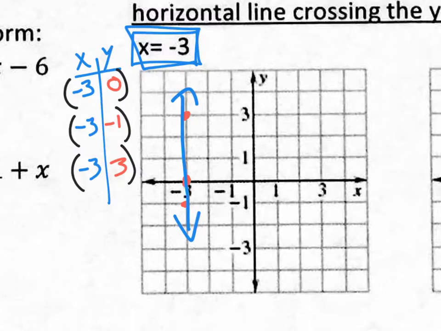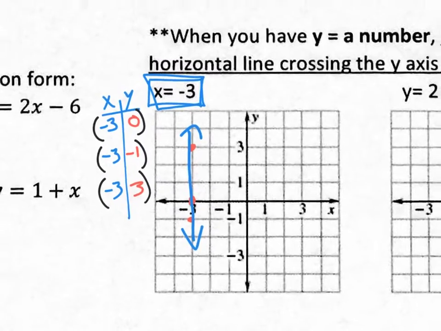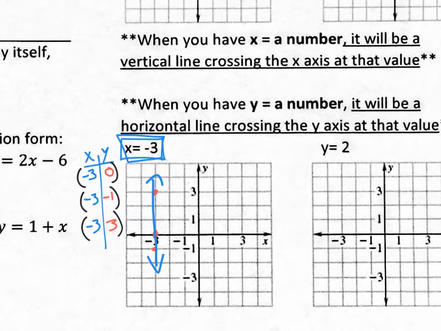So what I'm explaining above is really a shortcut, so you don't have to think about this whole process of an xy table, and you don't have to think, oh, it has to be -3 for x. I mean, this is the explanation of why it's a vertical line. But what I wrote up here is when we have x equals a number, it'll be a vertical line. What does that mean? It means up and down, crossing the x-axis at that value.